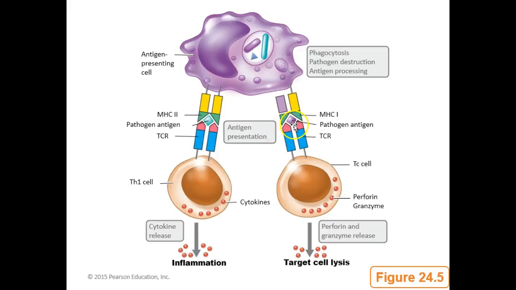When one of these peptides gets put in here that's foreign, a type of circulating T cell called a cytotoxic T cell may recognize it. And when I say recognize, I mean it may fit in here like a key in a lock and hold that T cell next to that antigen presenting cell for a period of time.